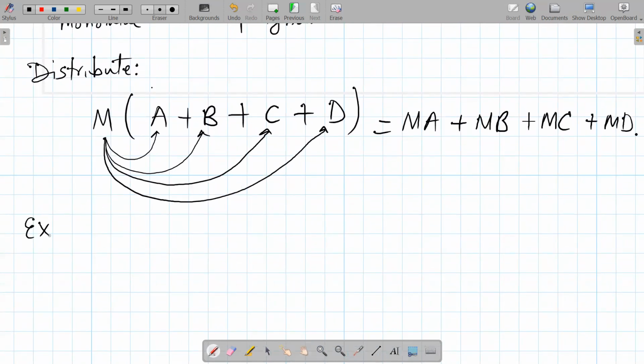Let's look at this example here. Multiply.